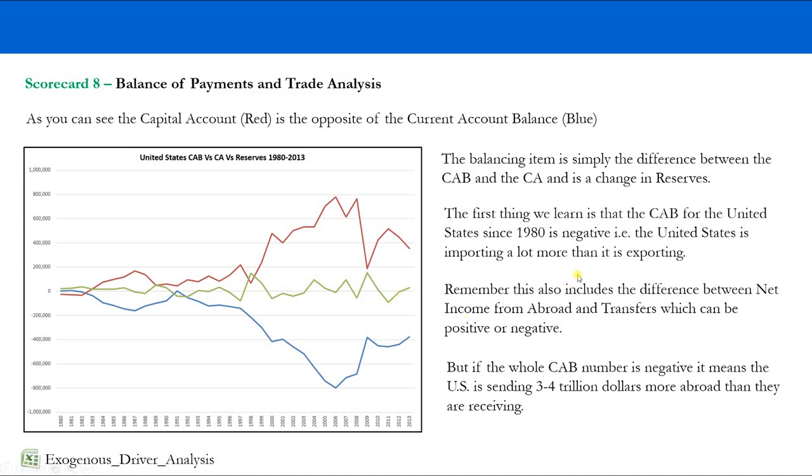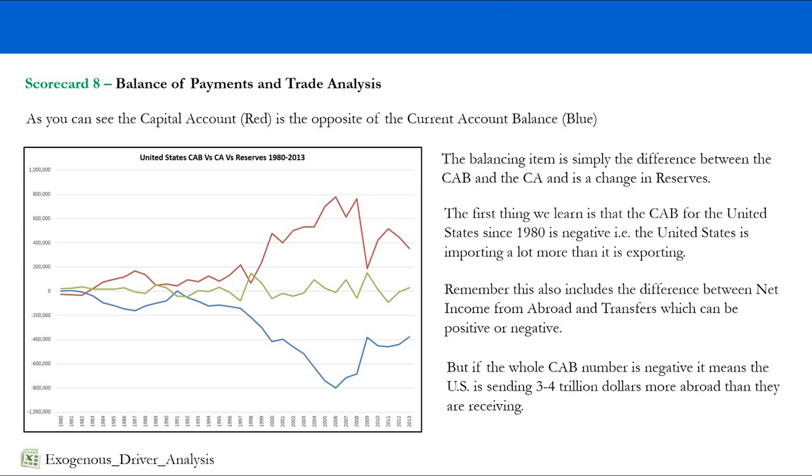Now, the way to look at the balancing item, it's simply the difference between the current account balance and the capital account. In money flow terms, it's basically a change in reserves in the United States, so a change in foreign currency reserves.